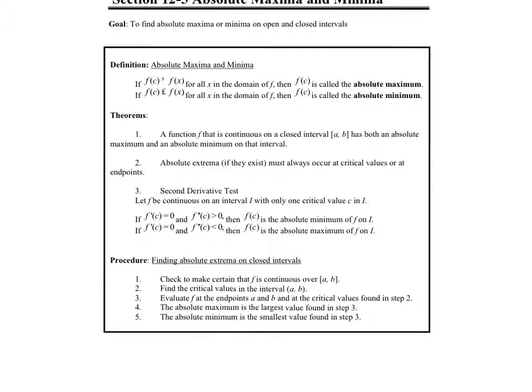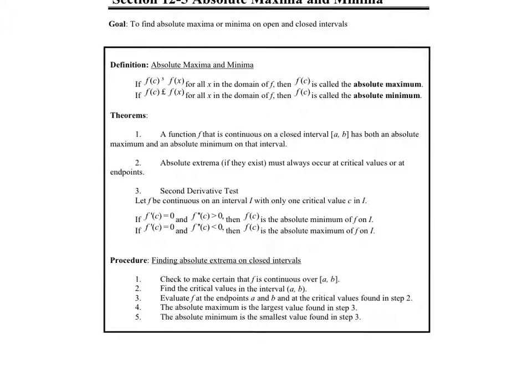So if it's a closed interval, then here's what we would do. We would not only run our first derivative test to find what the possible critical values are, to run our test to see if we've got a sign change. But we would also use our endpoints as critical values, and we would also consider those.